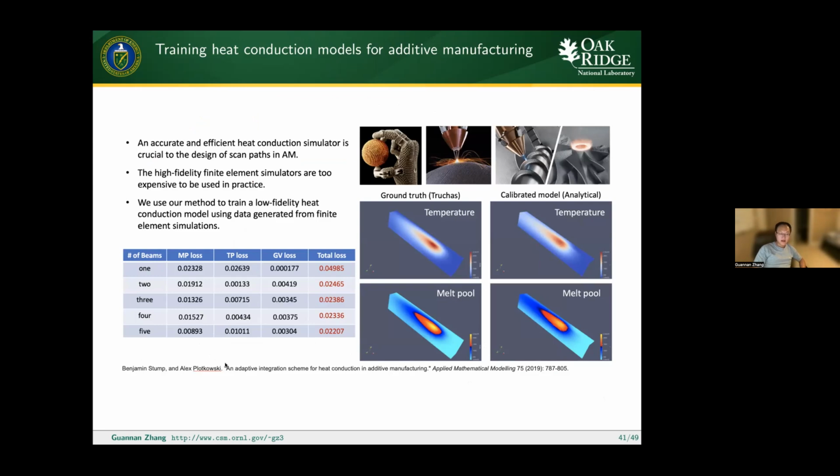So people developed what is called a semi-analytical simulator, which is fast but less accurate. We use our method to help them tune or estimate the parameters of their semi-analytical model so that their model accuracy is comparable to the finite element methods.